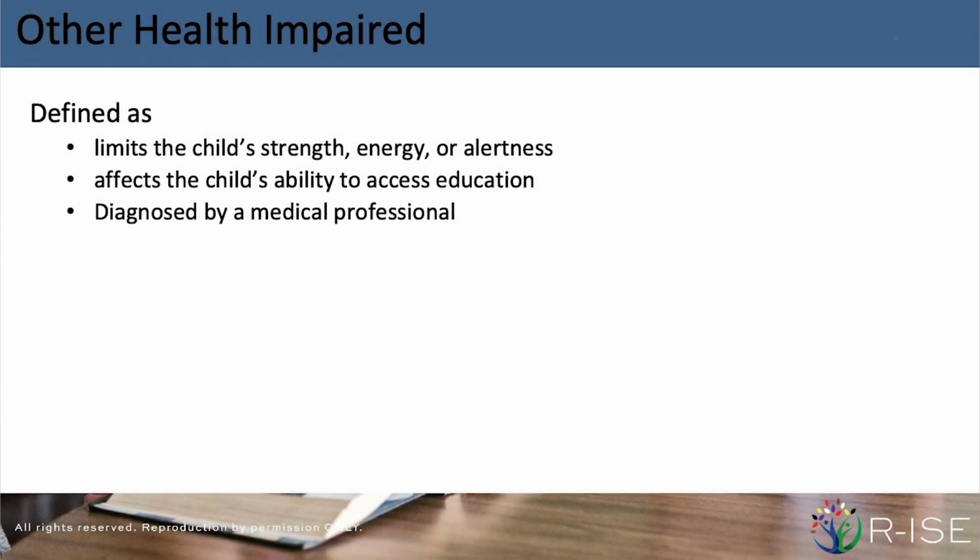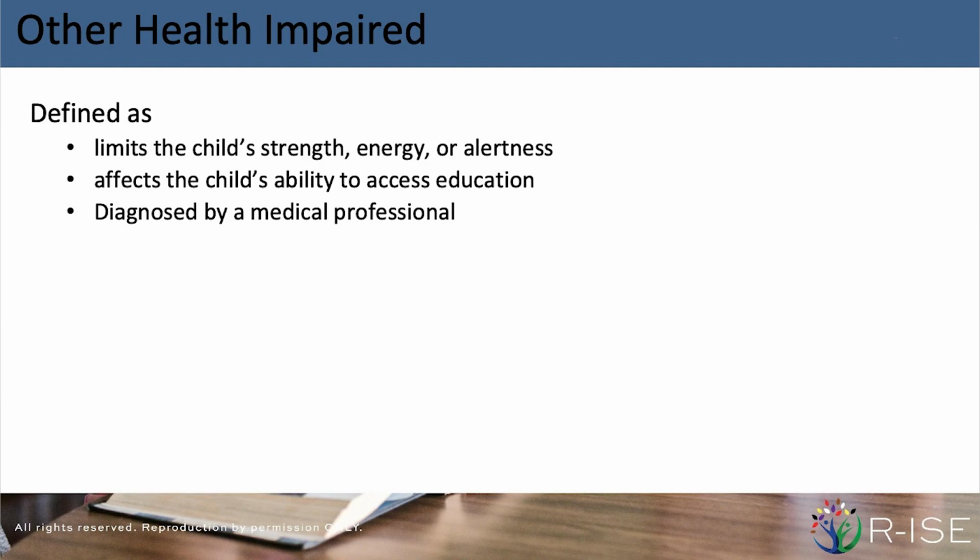Another area of disability is other health impaired. These are areas of disability that are typically diagnosed by a medical doctor, and these other health impairments affect the child's ability to access their education.